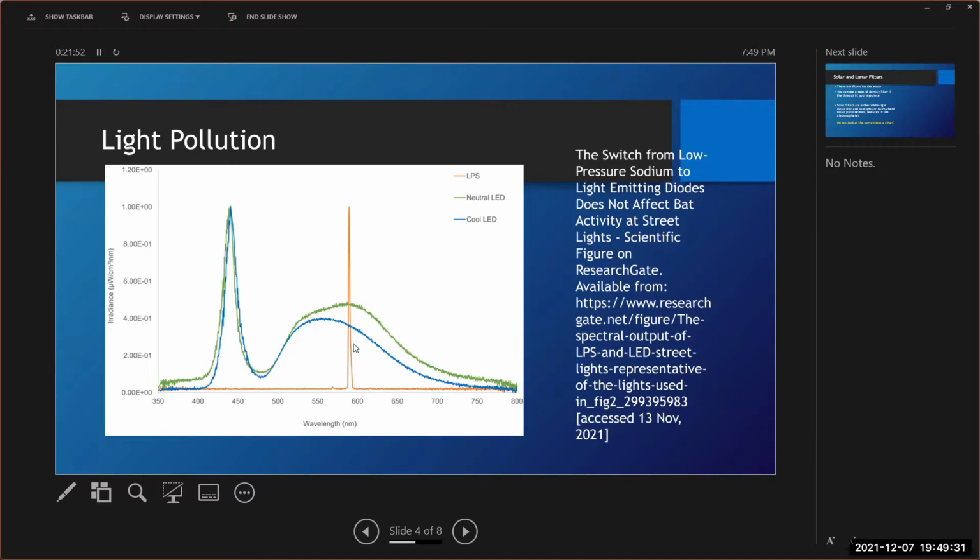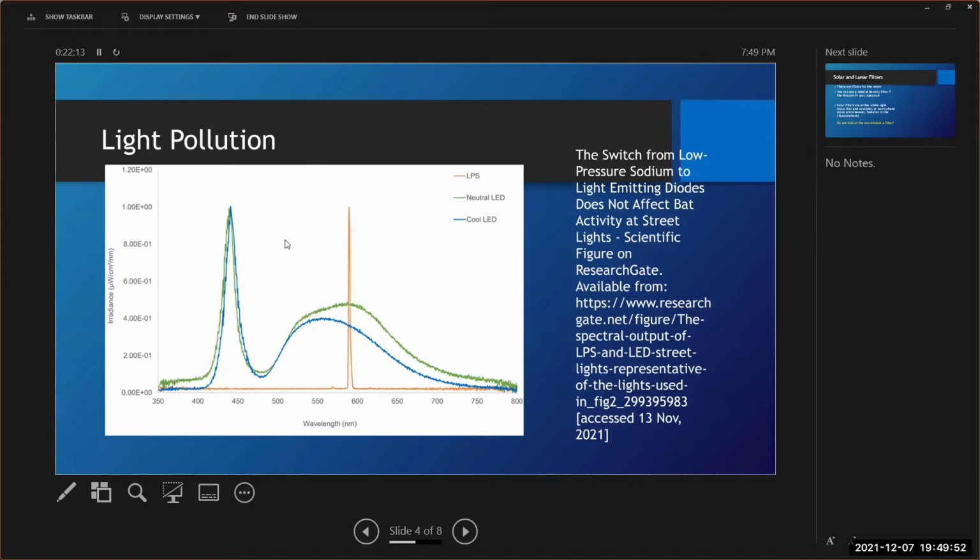Can you see my mouse? Yeah. You can see a peak just below 600, and that was the good old sodium, the low pressure sodium vapor lamps. So those were the ones that were in very common use, I don't know, into the 90s, maybe the 2000 era.